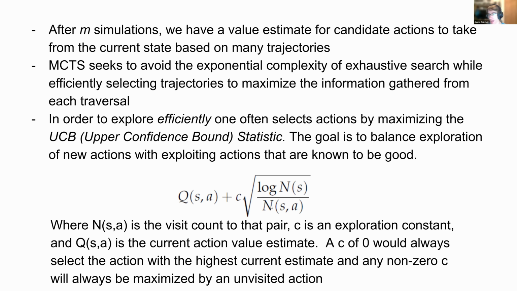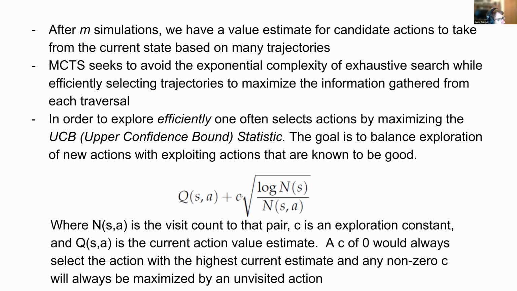In this term, n is the number of visits to that state-action pair, the number of times it's been visited in the tree, which also corresponds to the number of times we've had the opportunity to add new data to it. Because every time we traverse through one of these, we're eventually going to reach an endpoint in the tree when we do a new simulation, and then the data from that new simulation is used to update all of the values up through the tree.